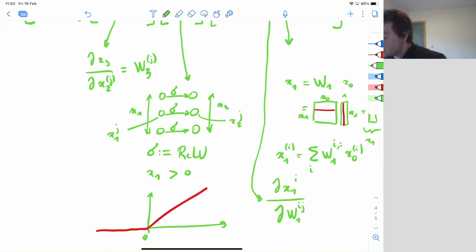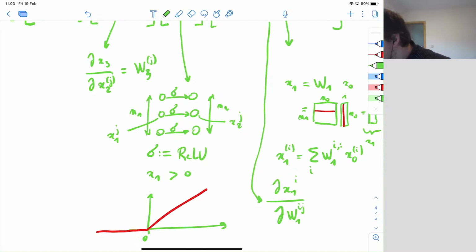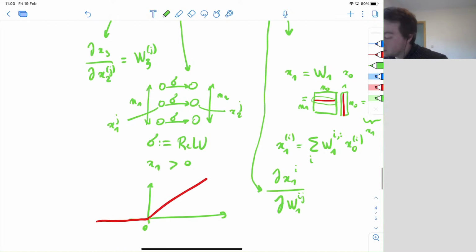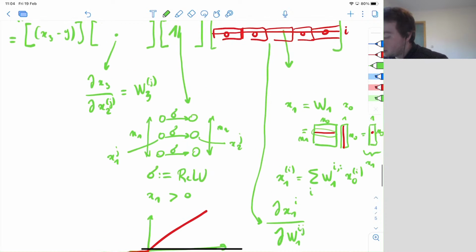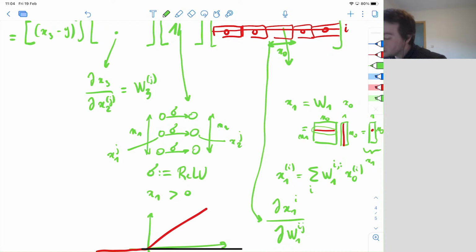Many are just zeros, except the ones associated to these values there. And so we would have a subvector which corresponds to the vector x0 itself.